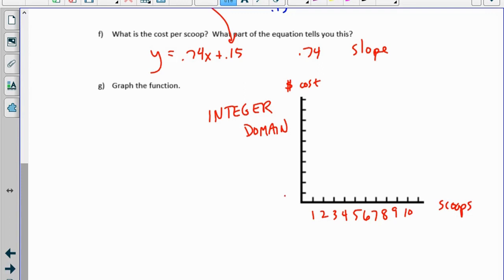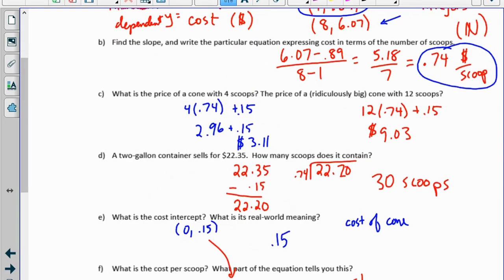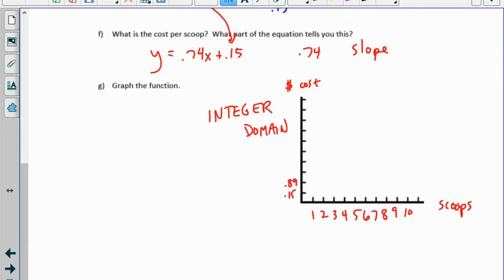Like I'm going to put 0.15, 0.89, and then I had a $6.07 thing up here. And I could actually add by 0.74 every time, but I'm not going to spend the time doing that. So 1 comma 0.89 and 8 comma 6.07. And that's kind of what the graph looks like.